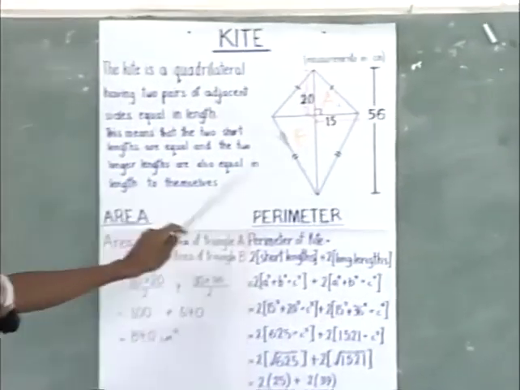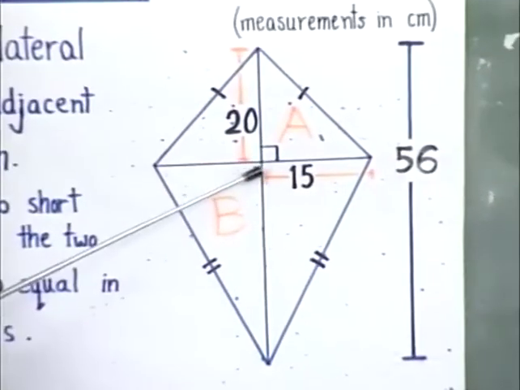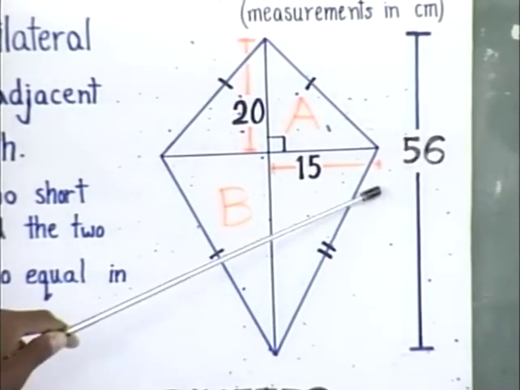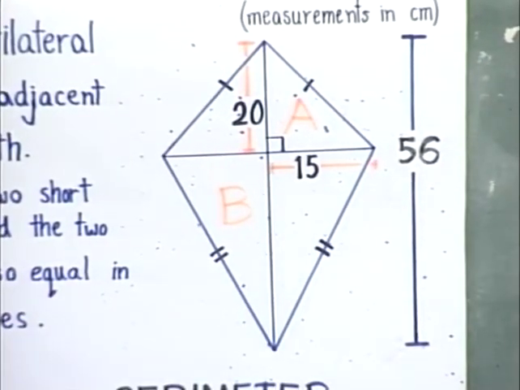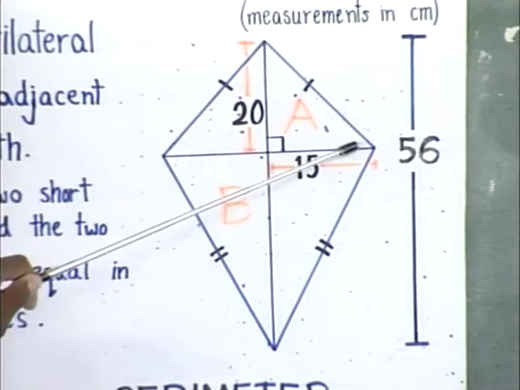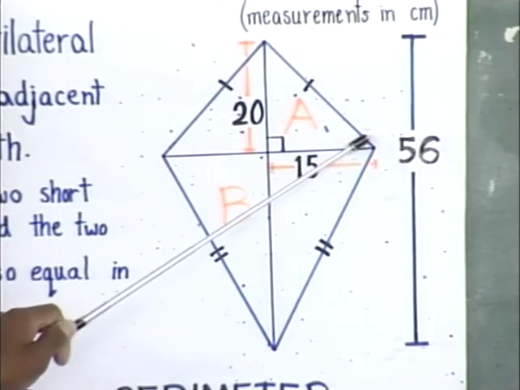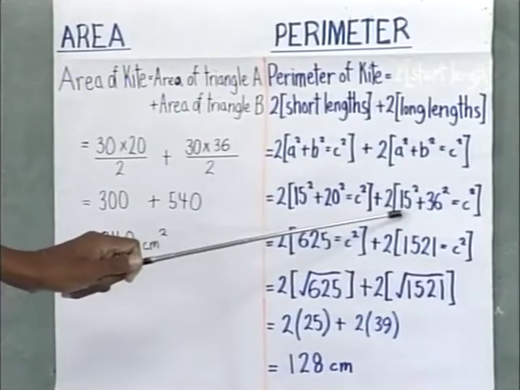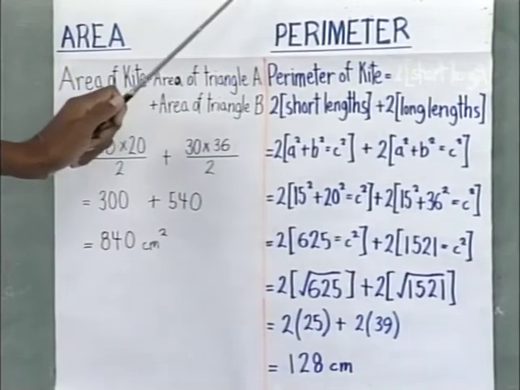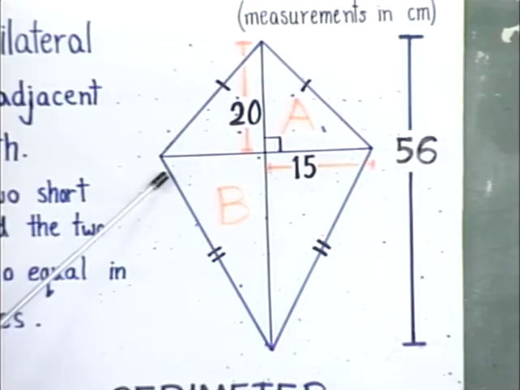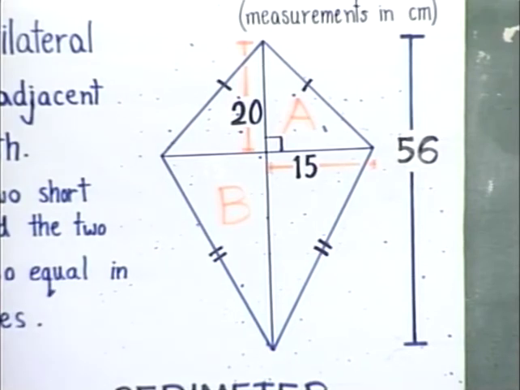And 15 squared plus 36 squared, we will find this length. Okay. So when we added the two squares of this, we got 625, which is equal to c squared, and 1521, which is equal to this length squared.